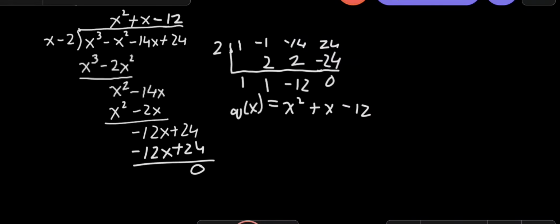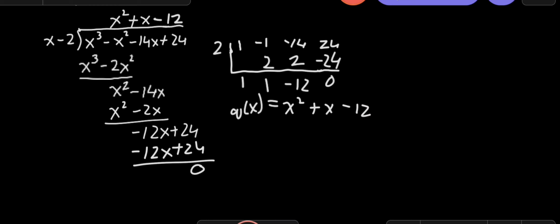So now we see if that quotient polynomial can be factored over integers. If it can, then that means we will have rational roots only. All 3 roots will be rational.